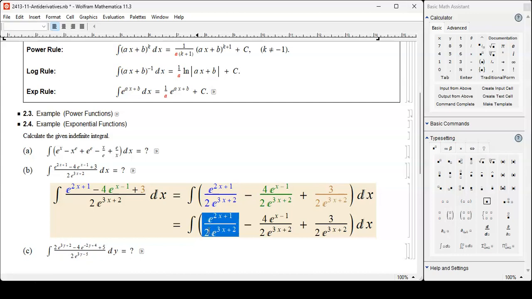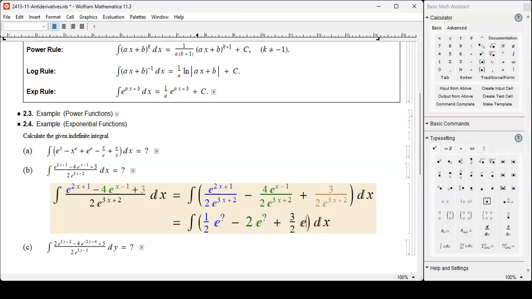Now this is 1/2, and then exponential of what? Think about that. The number part here is 4 over 2, so that's 2, no question about that. And how do you simplify this? Finally, this one, the number part is 3/2, and then exponential of what?